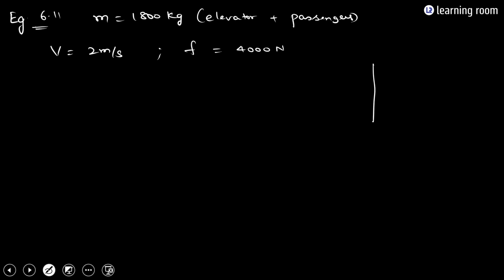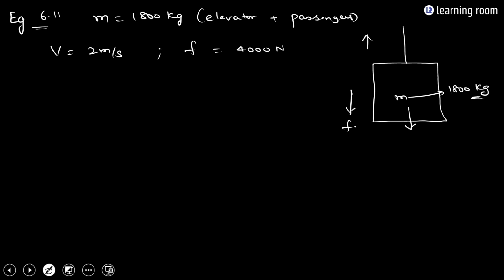So you have an elevator and there is a rope that is pulling it up. So elevator plus passenger, what is the maximum mass that it can take? It is 1800 kilogram, and there is the frictional force that is opposing the motion. So when the elevator is moving up, the frictional force is acting in the downward direction.